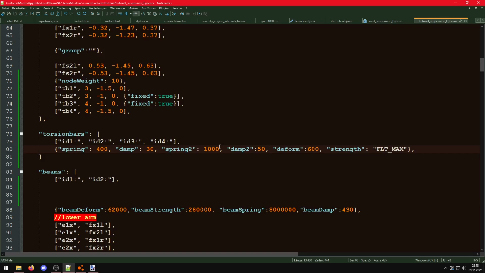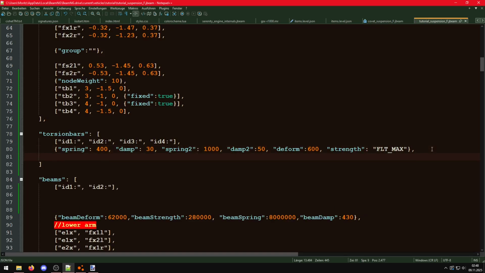And now the torsion bar will use either the spring and damp or the spring 2 and damp 2 values depending on which way it's twisting.